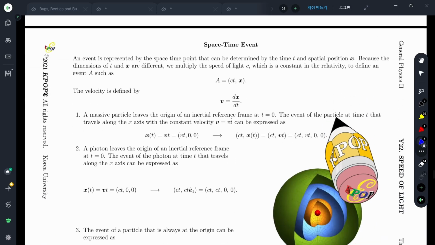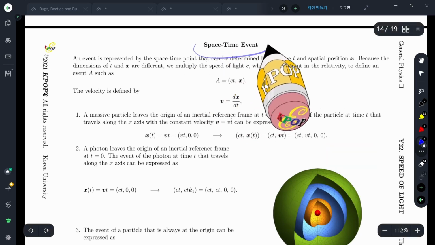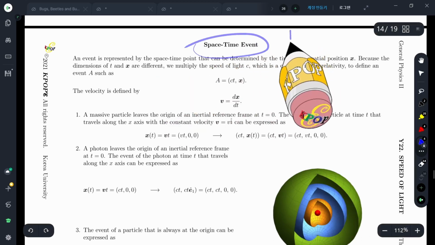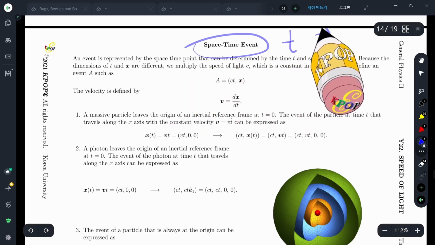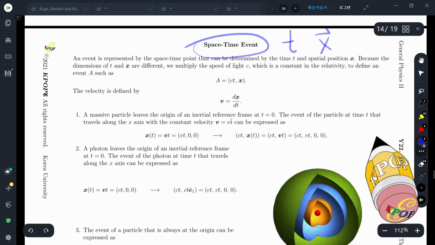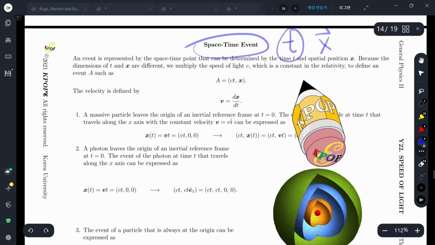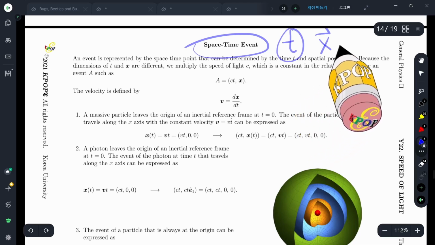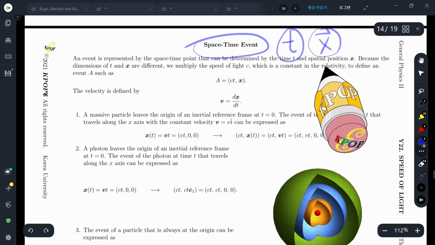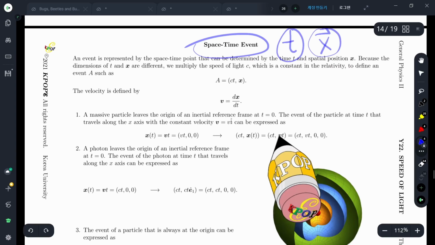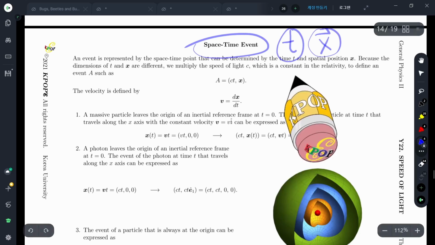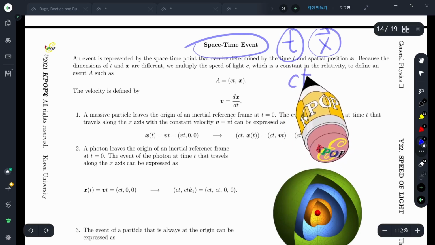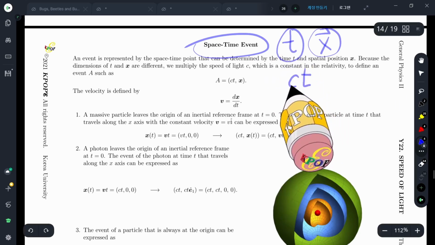To describe or to solve this problem, it is convenient to introduce a space-time event. Until now, we use two variables. One is a real one-dimensional number representing time. Three components are combined to construct a three-dimensional Euclidean vector. Why not? We multiply by the speed of light, which is constant.